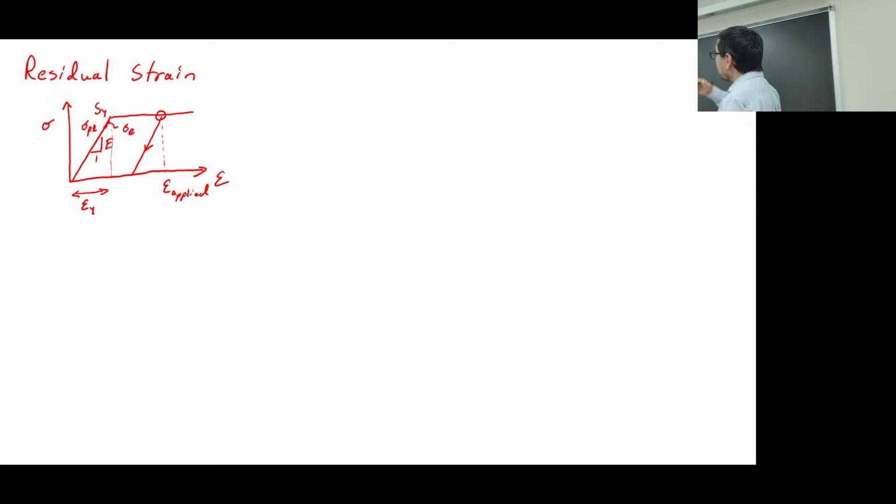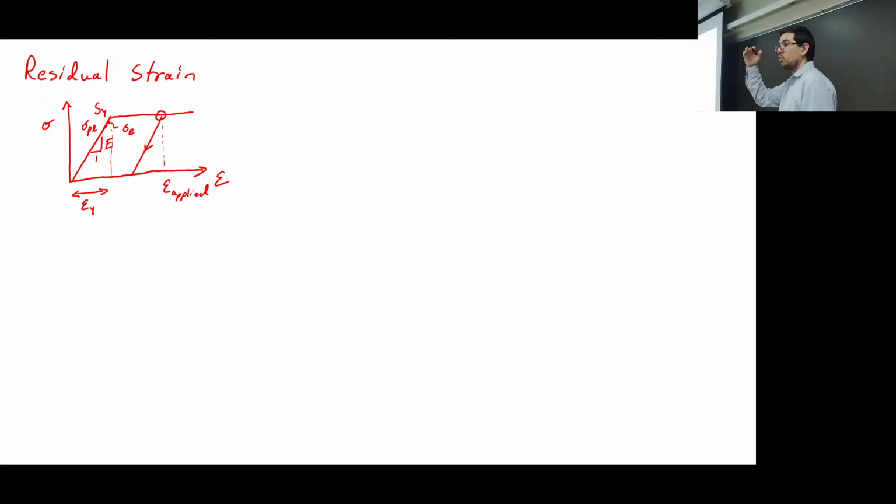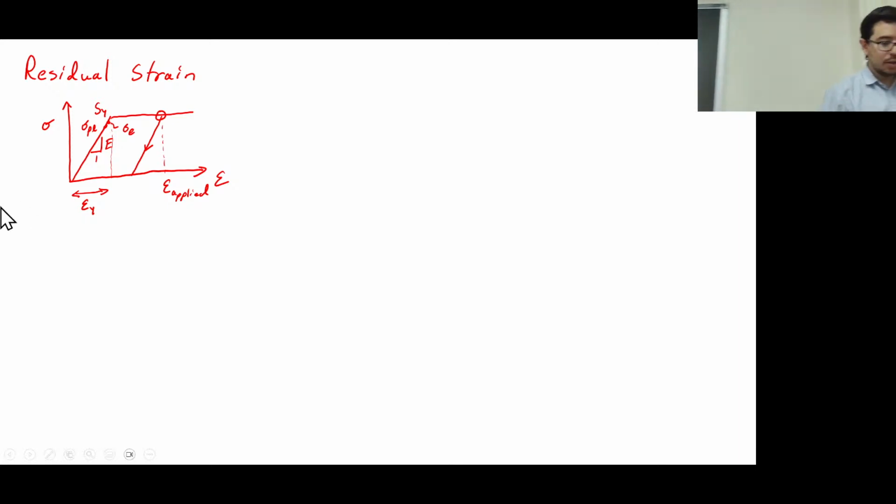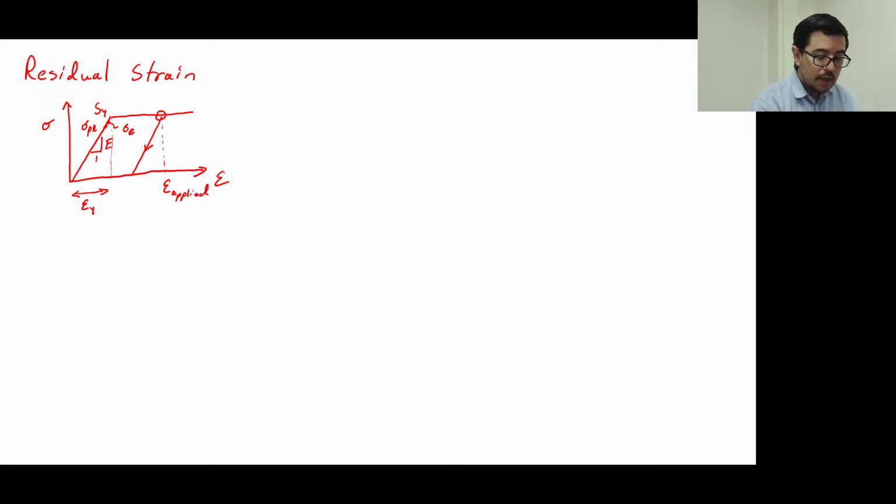The yield stress or yield strength is the vertical, in megapascals typically. The yield strain is dimensionless, unitless. This epsilon y is the same as the epsilon y here. Do you see that? This distance and this distance are the same.